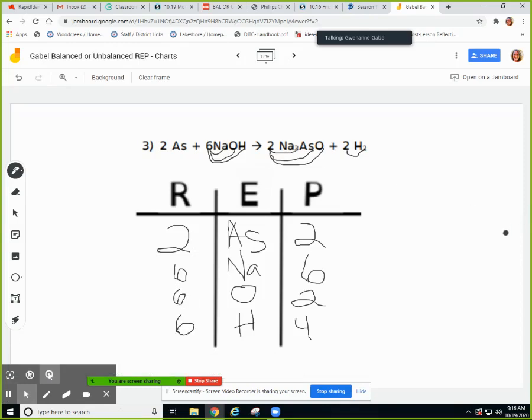Some common questions that I usually get for this is, why doesn't the coefficient apply to everything on this side? The plus sign, guys, separates these chemical formulas. So this is one part plus this part. They're separate, okay?